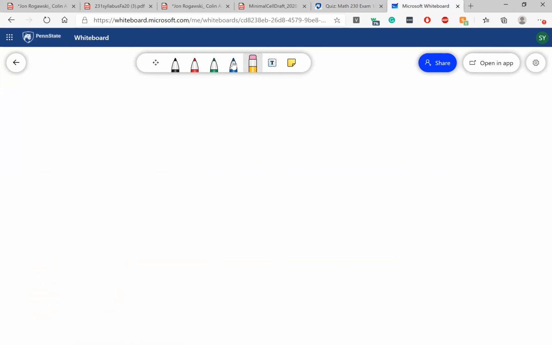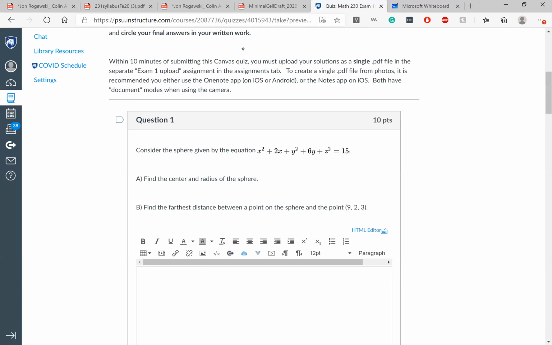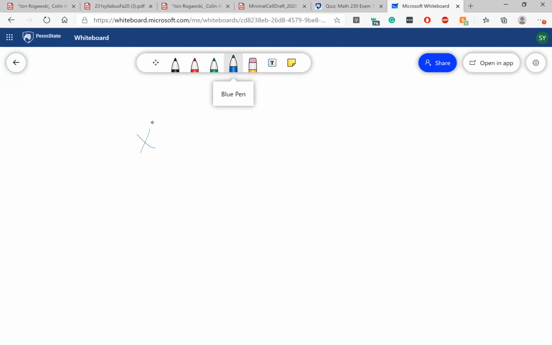So first, the equation of the sphere, x squared plus 2x plus y squared plus 6y plus z squared is equal to 15. So first, in order to find the center and radius of the sphere, what would we want to do? We need to complete the square. Yep.